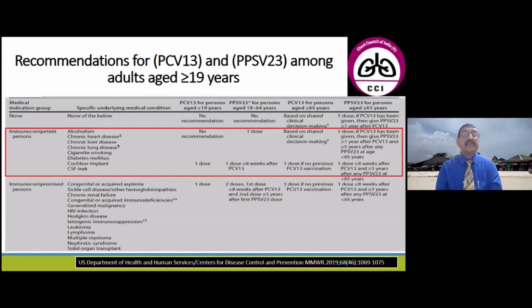What are the recommendations for PCV13 and PPSV23 among adults more than or equal to 19 years of age? Again, the same thing. If the person has comorbid conditions like heart, liver, lung disease, or is a smoker, in those patients you can give PPSV23 vaccination.